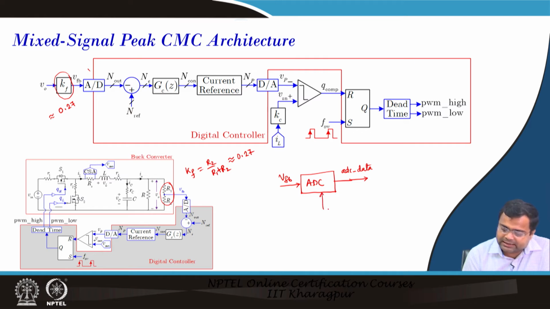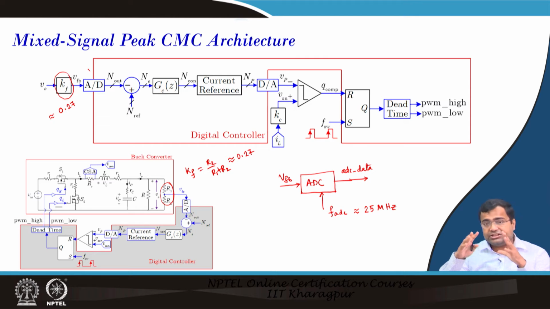This ADC is sampled using the ADC clock, and we are using a 25 megahertz clock. We discussed in detail in digital voltage mode control that when you are using a 25 megahertz clock, the TADC will be 40 nanosecond.